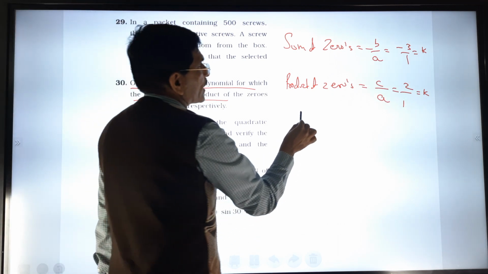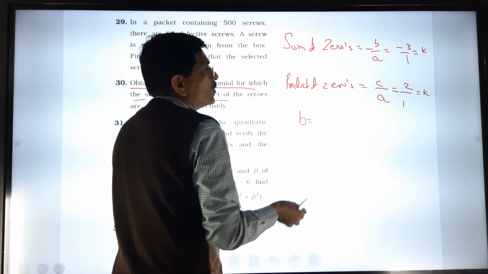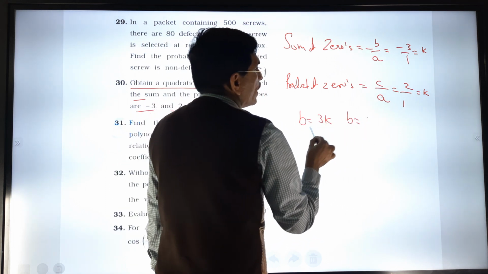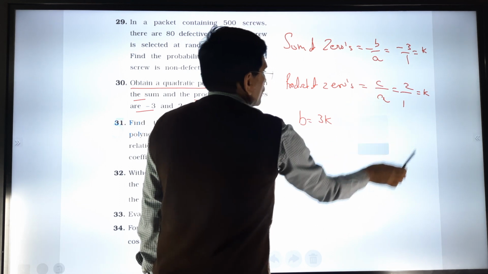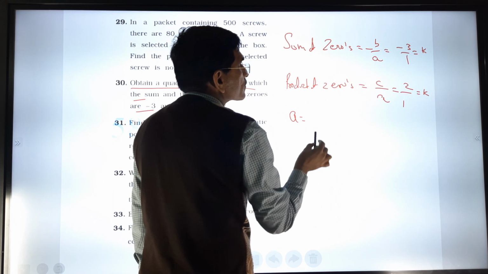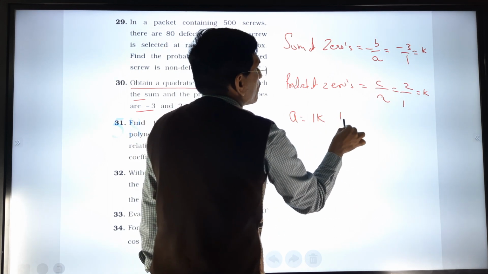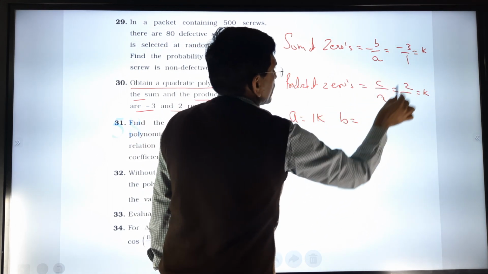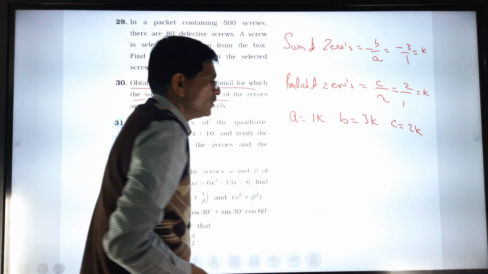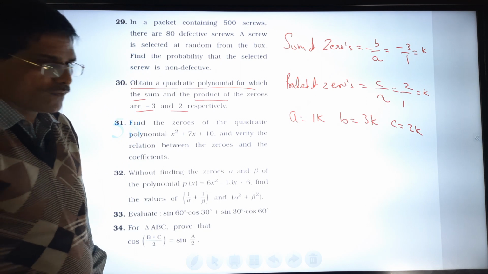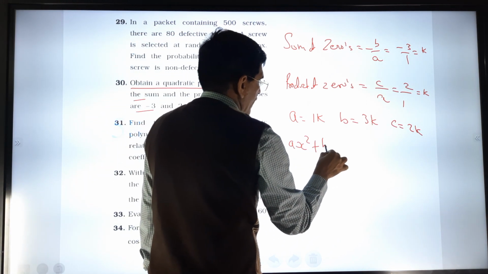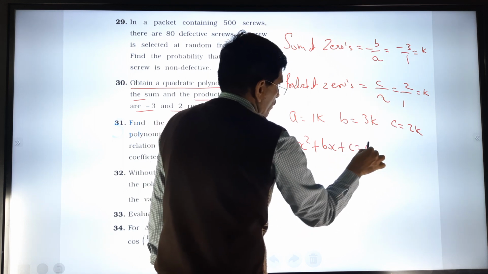Now we can take a is equal to 1k, b is equal to minus minus 3, so 3k, and c is equal to 2k. Now what is the standard form for ax square plus bx plus c is equal to 0?